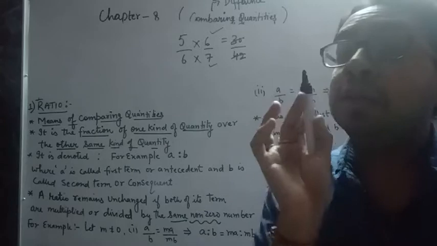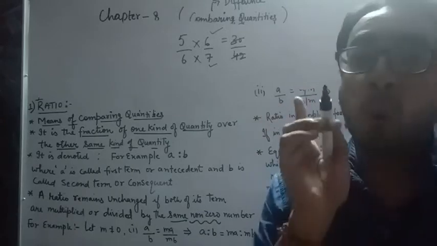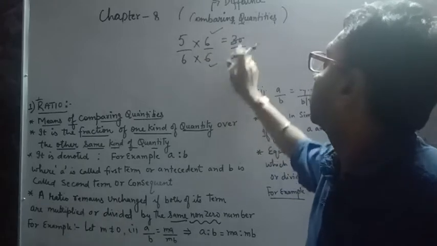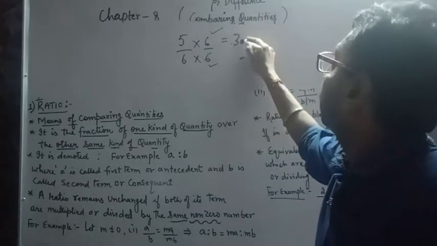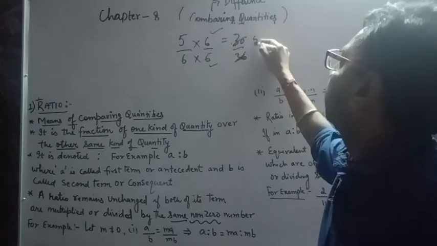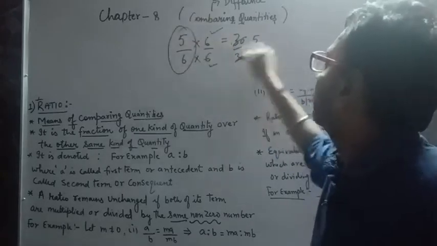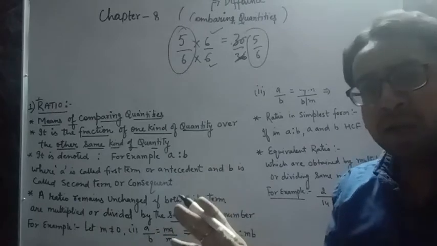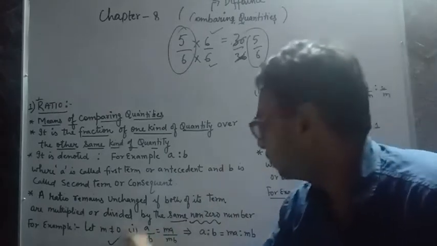The ratio terms must be multiplied with the same number. Either I have to make this 6. If I make it 6, I'll be getting 30 upon 36, which is 5 6s are 30, 6 6s are 36, again I'm getting 5 upon 6, 5 ratio 6. Completely fine. Are we clear? This is a very important condition.